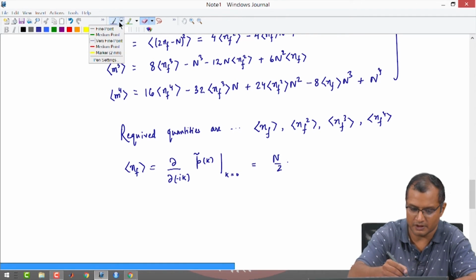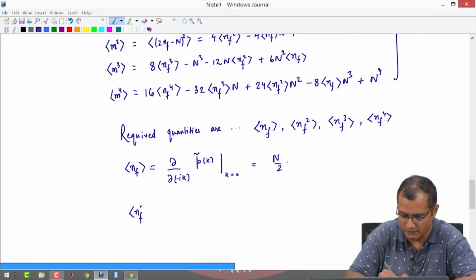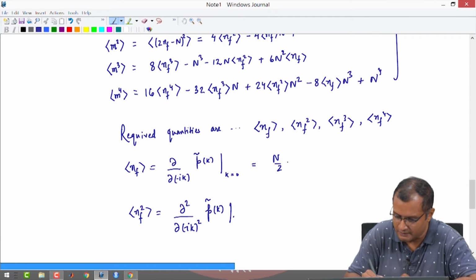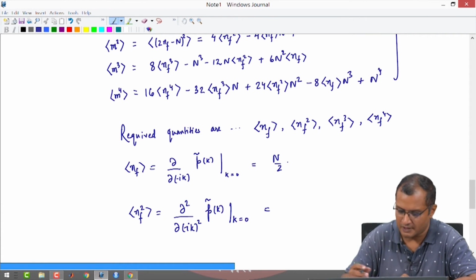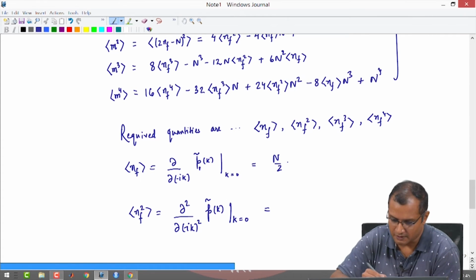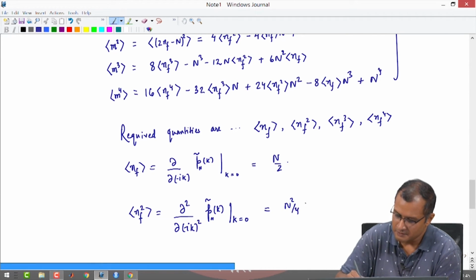Then you can compute the value for NF square, which would be the second derivative of p of k at origin, and using the value of p of k from the top, okay, you can compute this to be n square by 4 plus n by 4.